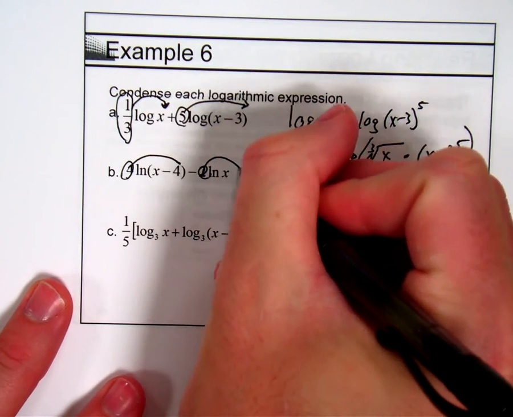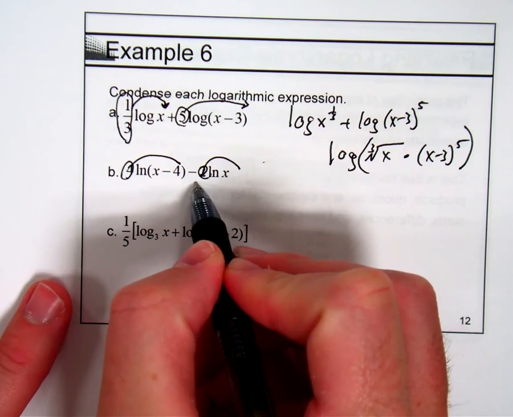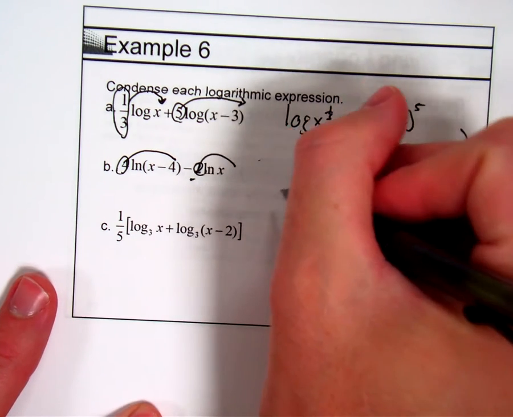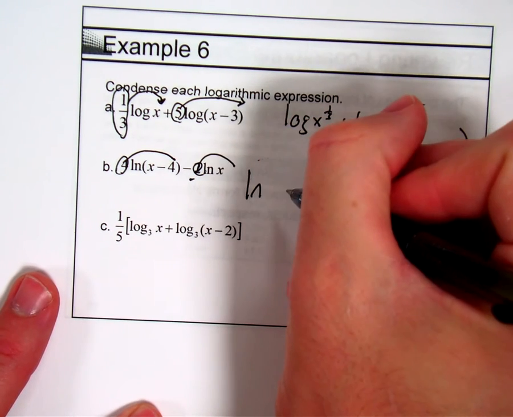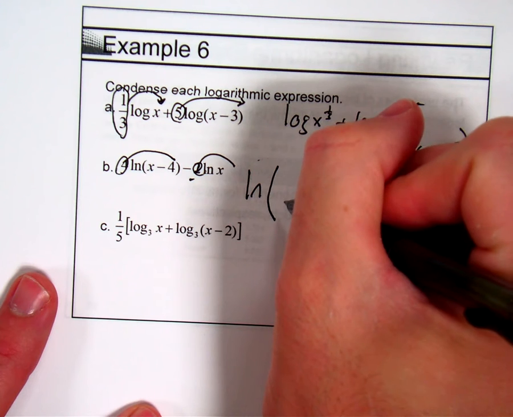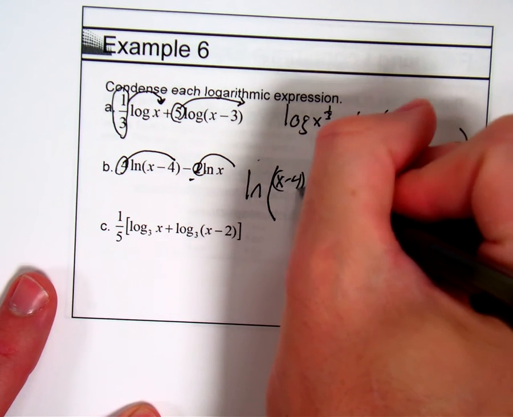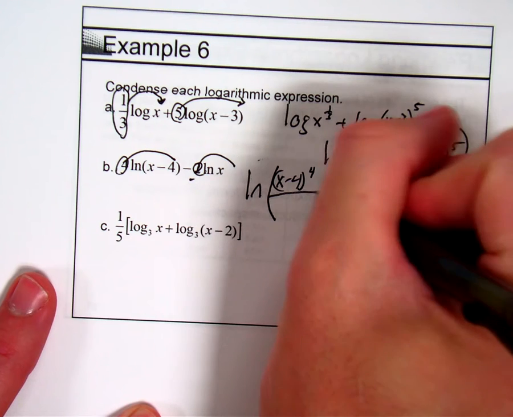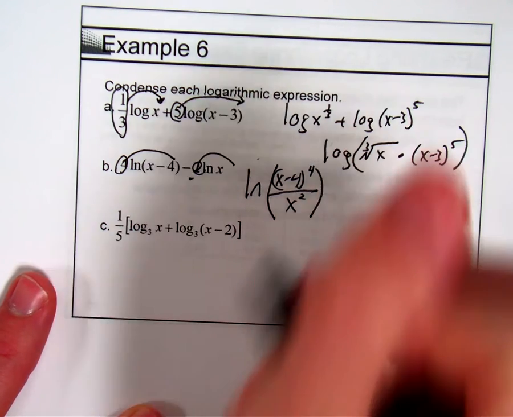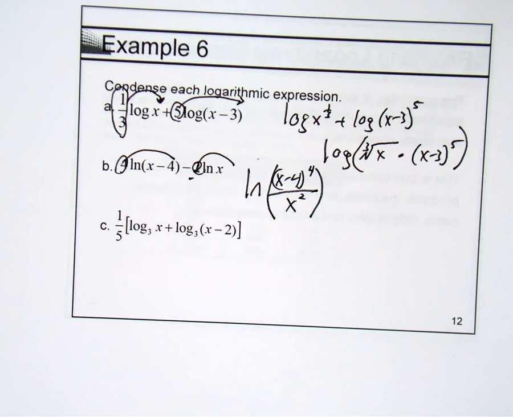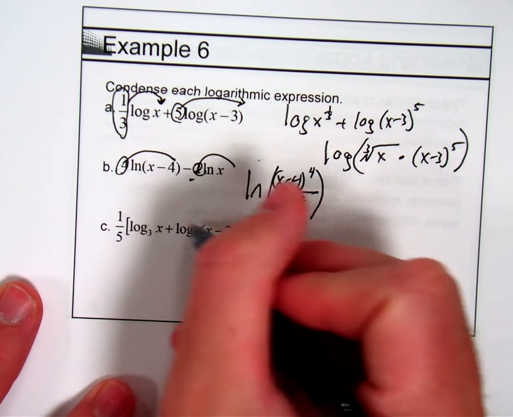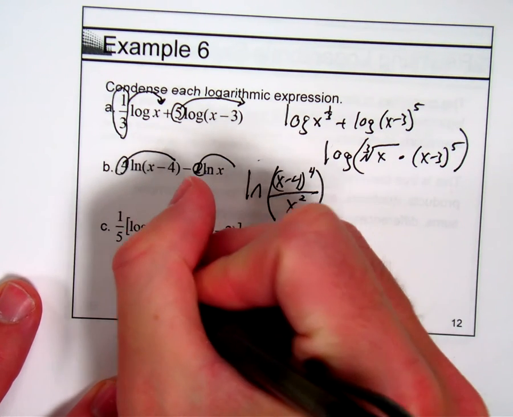So we bring that 4 up, 2 up, and then it's subtraction, so we're going to combine those with division. So we're just going to have one big natural log of x minus 4 to the 4th over x squared. And then with this one, we're going to put them together with multiplication.